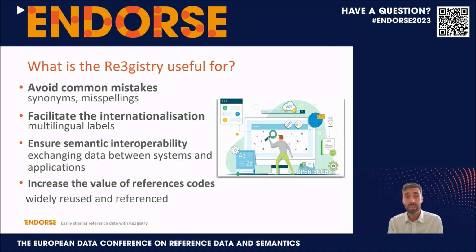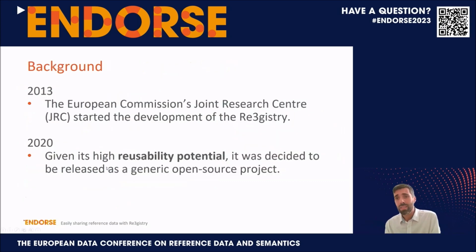Also ensure semantic interoperability because, as mentioned before, using the API allows the connectivity between systems and applications. And finally, increase the value of working with reference codes because, at the end of the day, it is easier to use them.